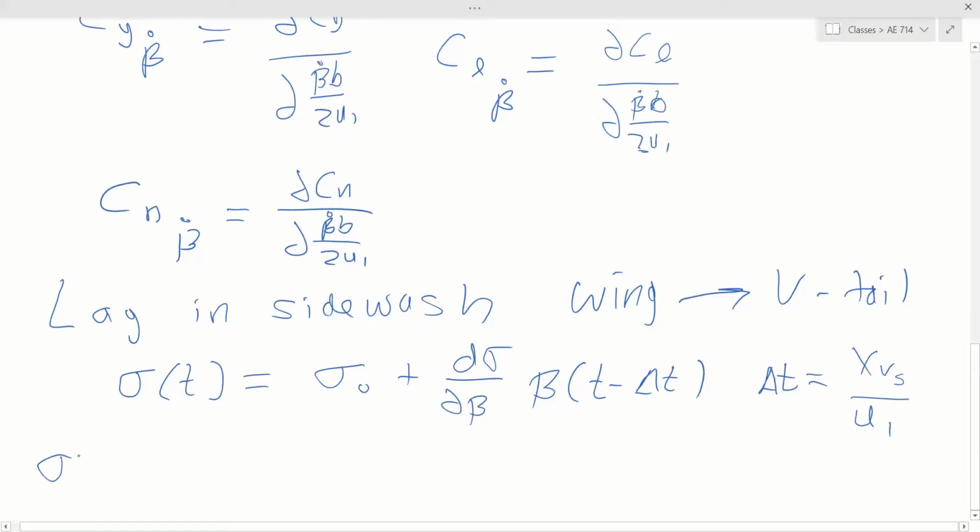Sigma 0, typically for a symmetrical airplane, is 0, because the flow is symmetrical left and right, so you don't get a constant sidewash at 0 beta. Now, if you have an airplane like a 182 with a propeller in the front and that air is swirling, there will be a sigma 0.